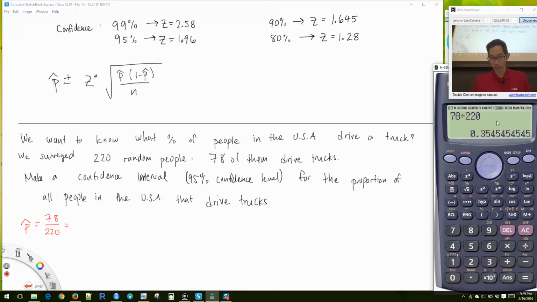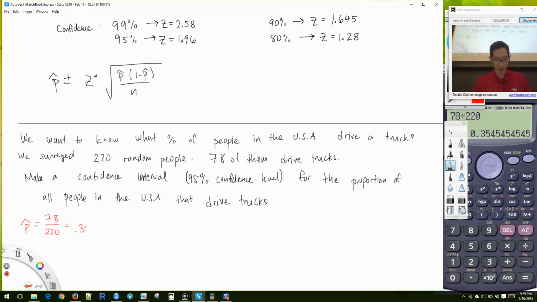I think most of you got this as I was walking around. 0.3545. This is our proportion in the sample that drive trucks. So when we surveyed 220 people, 35% of them drove trucks.